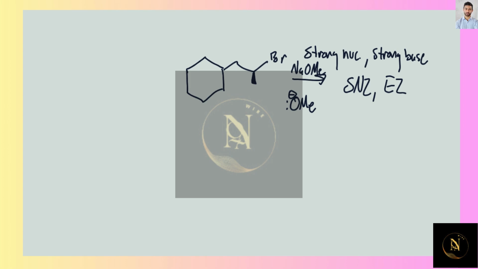So if I were to redraw our substrate in an attempt to draw the SN2 product, and I attach our methoxy, one way to indicate that we have inverted the stereochemistry would simply be to swap the wedge to a methyl with a dash to a methyl. And this would represent a product in which the stereochemistry has been swapped upon installation of the methoxy. Right? So this would be the SN2 product.